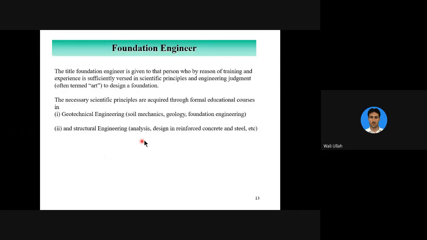He should have done structure analysis, design of concrete structures, design of steel structures, right? And in addition to this, he should continue his self-study, do short courses, attend conferences, right? After all this, he would be entitled to be called a foundation engineer.